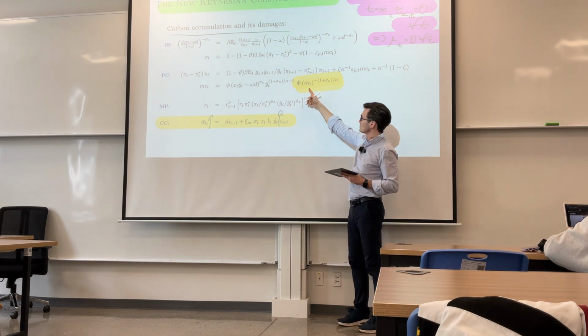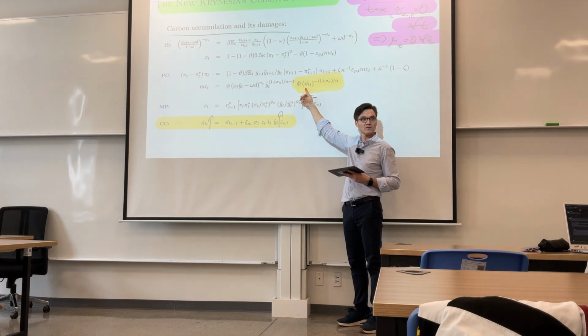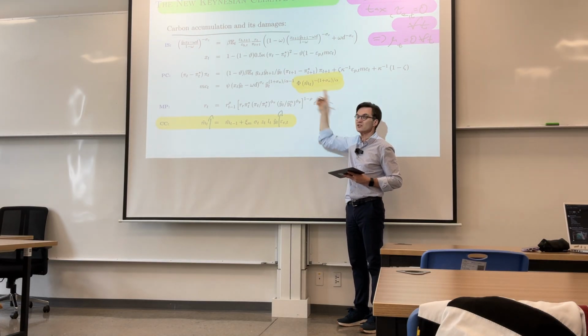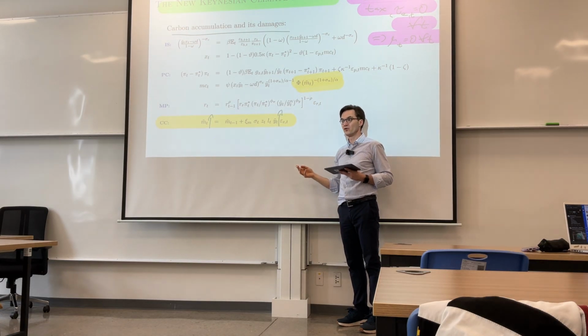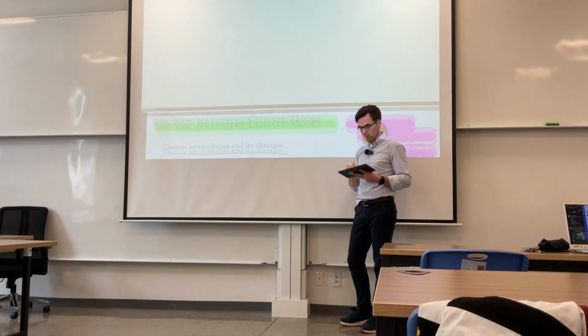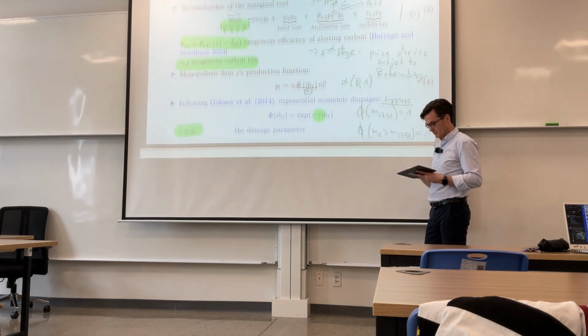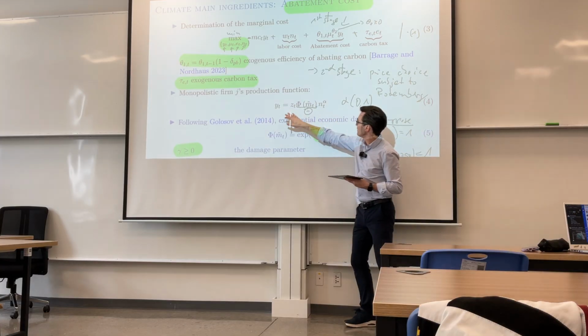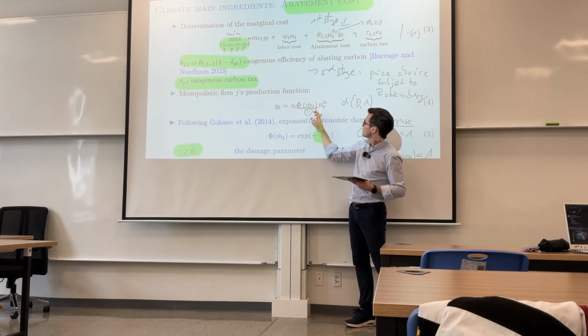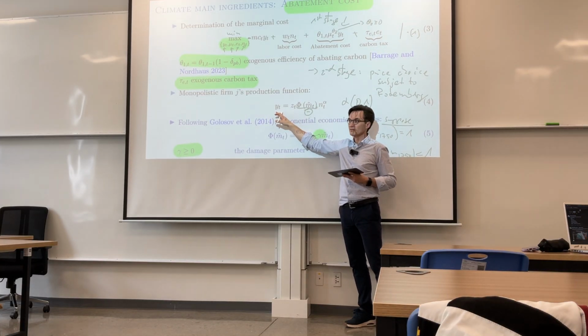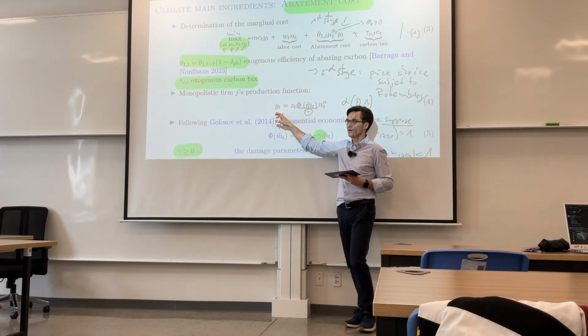Well, the only thing that's going to be affected is marginal cost. Why is this now affecting marginal cost? You can think about it as adversely affecting the productivity of the firm. For a given amount of inputs, it's going to be producing less output. That's how you have to think about it.